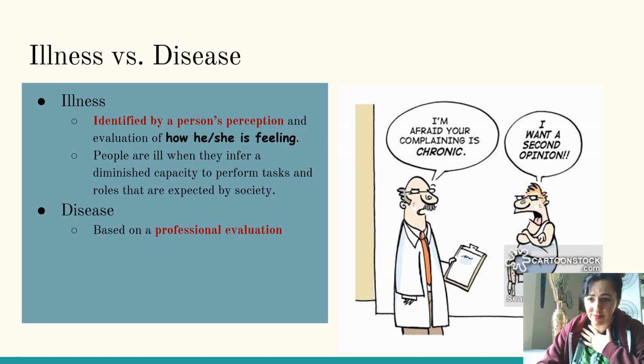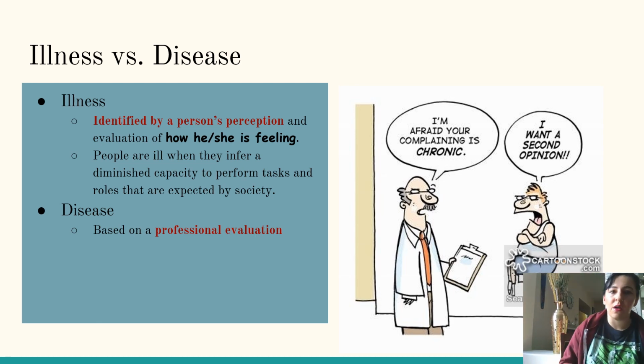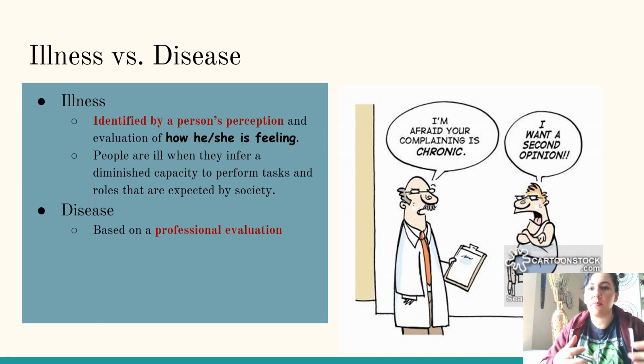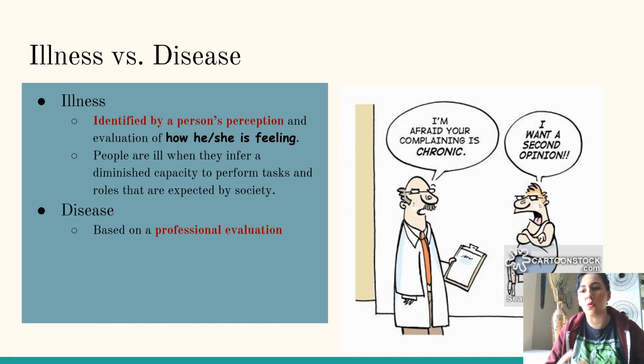You feel ill. That's your own perception. That's a person's perception of how they're feeling. Okay, so people are ill when they infer a diminished capacity to perform their tasks or roles that are expected of them by society. So it's a feeling.